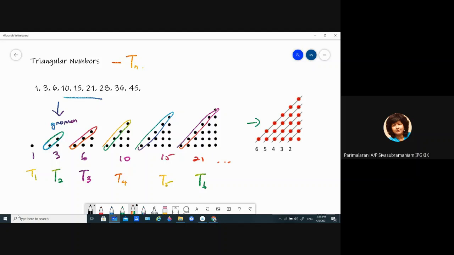We have seen term 6. Term 7 will be, we add another row of 7 dots, correct? So the gnomon here is that we keep adding another row of dots according to the term number.